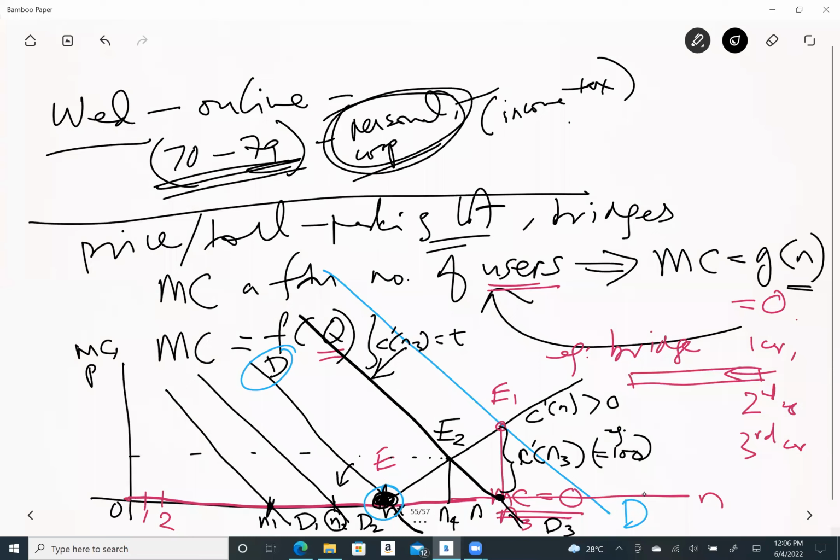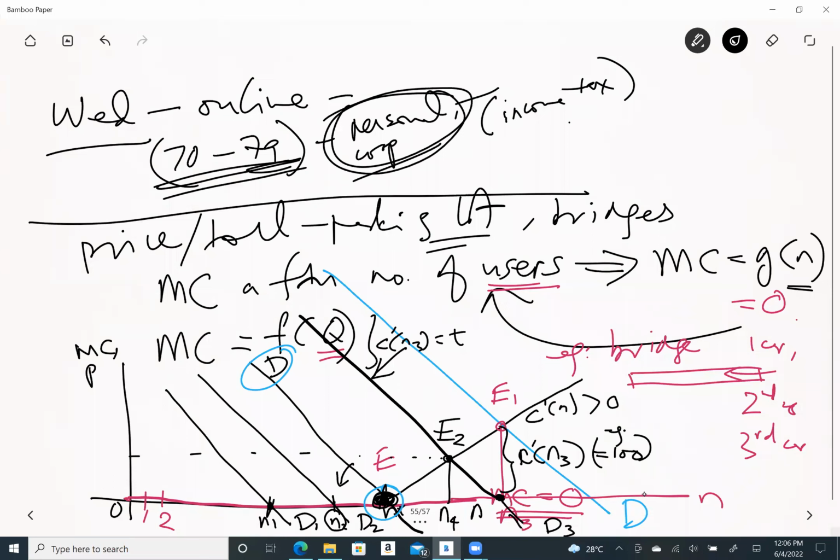The point is you charge the toll equal to C prime N3. There will be a reduction in the demand. So you have equilibrium E2. The issue of the toll I cannot capture here, because if I put P at E2, that is not equal to 100.